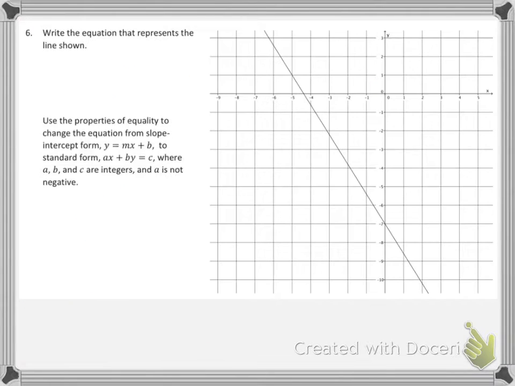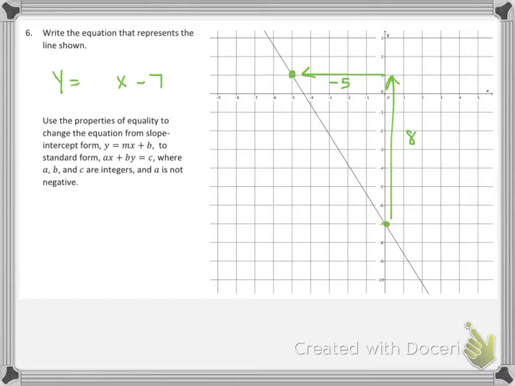All right, last one. Let's see, we crossed the y-axis at negative 7. So y equals something times x minus 7. Negative 7 is my y-intercept. And then I need another point. Well, we're going to have to work a little bit to get this next point. The next point is way up here. So that means I have to go up 8, that's a positive 8. And then to the left 5.